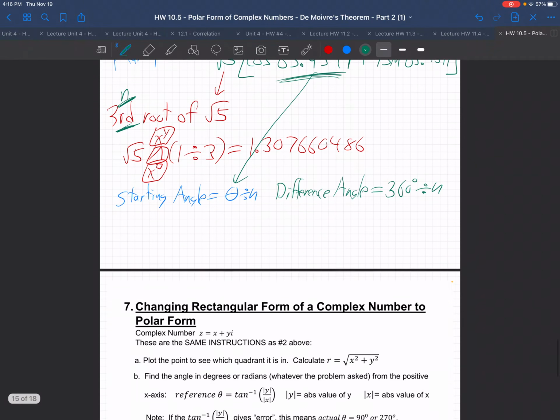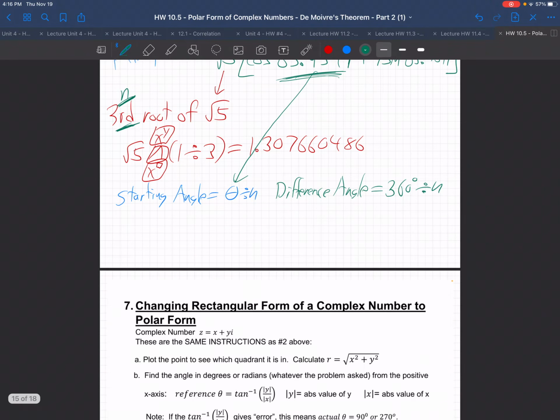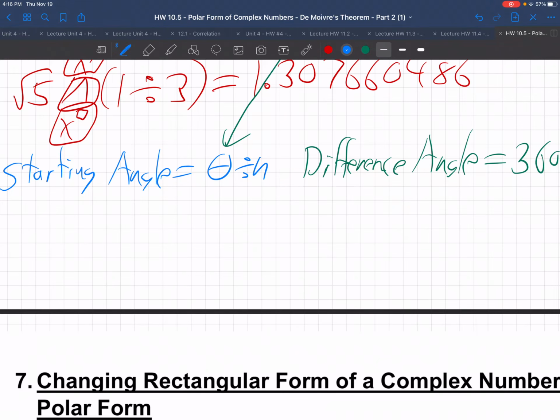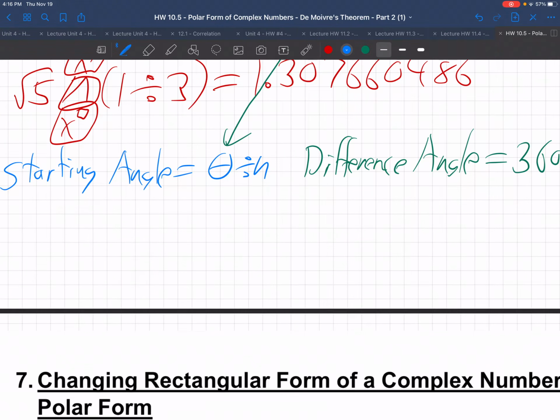There's our theta. So I'm going to calculate that as 63.4349, well, just to be safe, I'm going to put the rest of the digits, degrees, divided by n, which is 3.